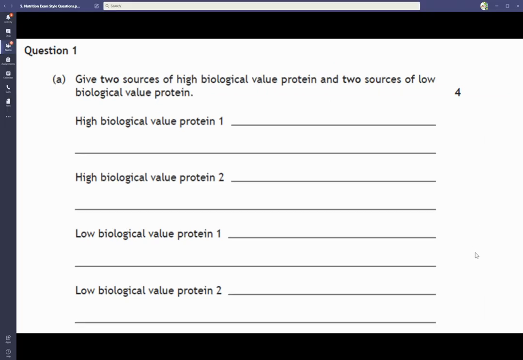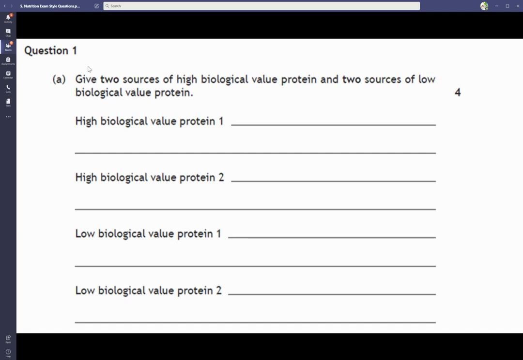So here, when we get this question, I would expect you to first of all highlight the command word. Now the command word is the command. What is it that this answer is looking for us to do? So here, give 2 sources of high biological value protein and 2 sources of low biological value protein.